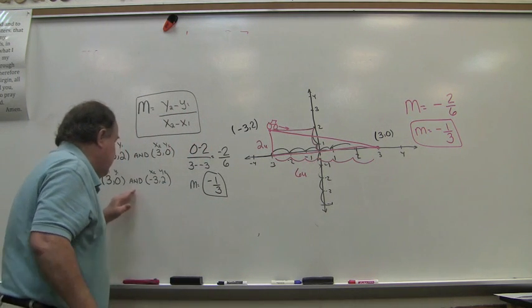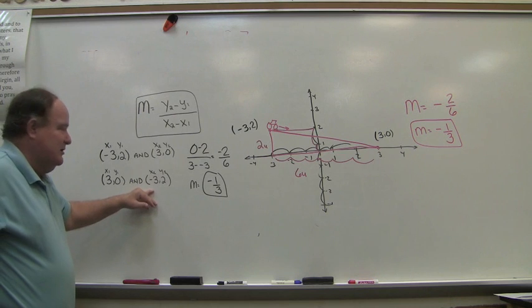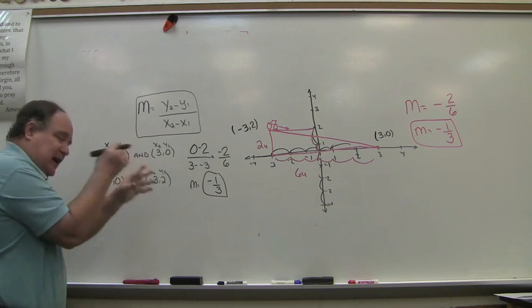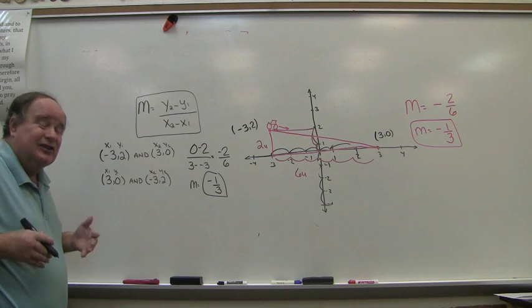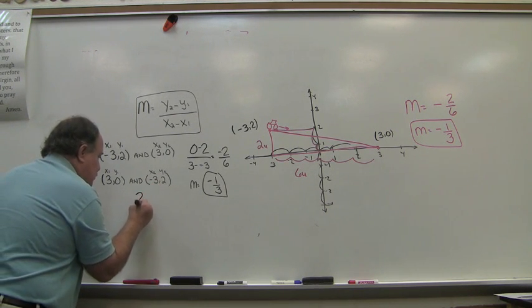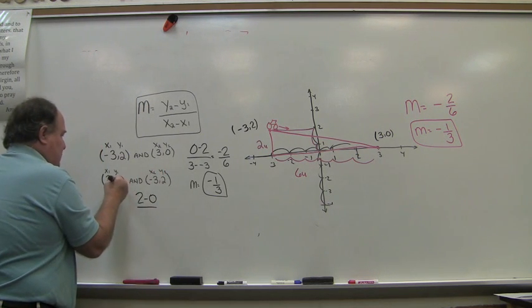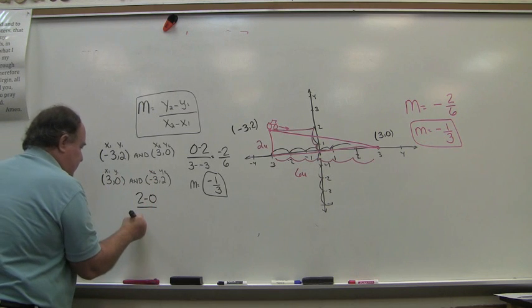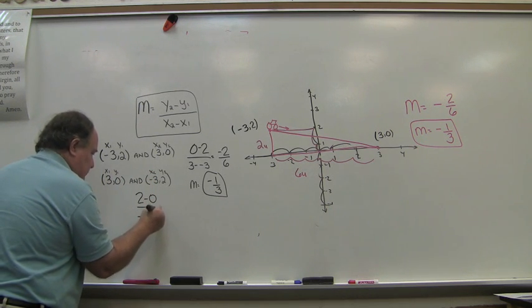Okay? Now, all right, I got this, I used this here, but will I get the same slope if I take my points and I flip them around? The answer is yes, but let's just look at it. All right, the top one is going to be 2 minus 0, y2 minus y1, and then negative 3 minus 3.